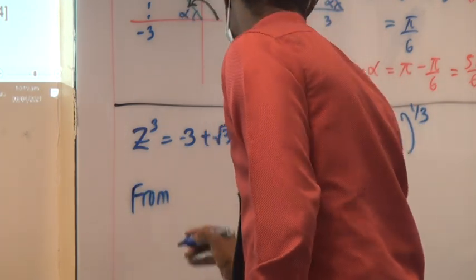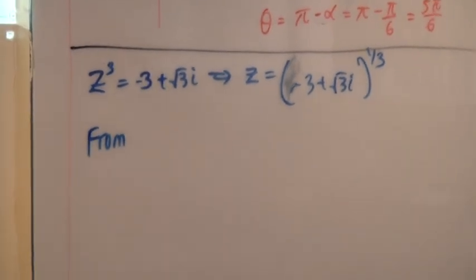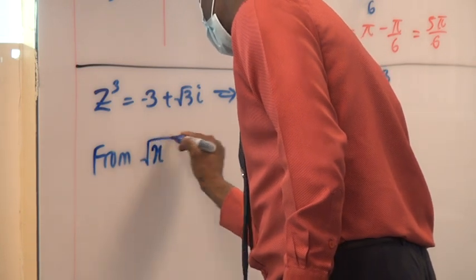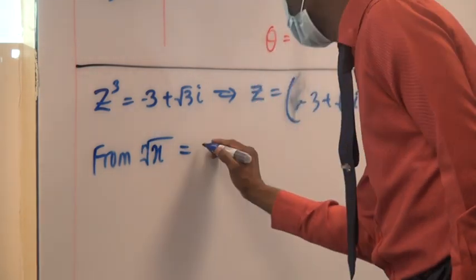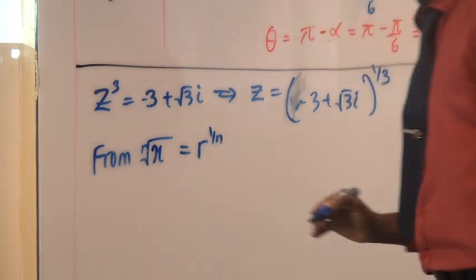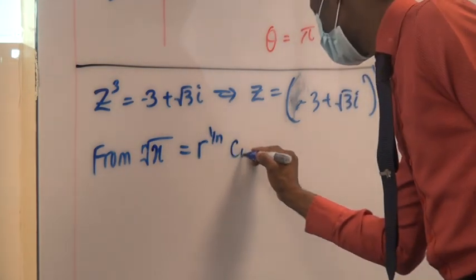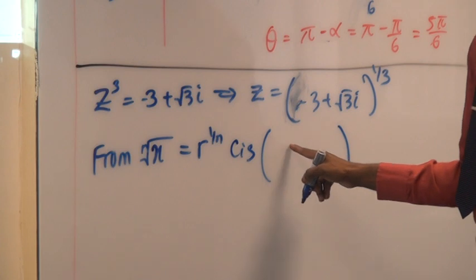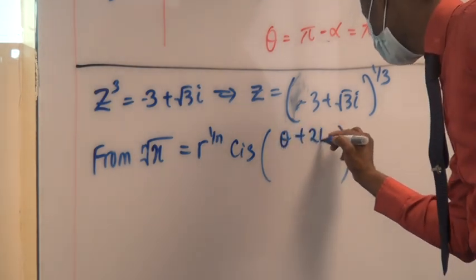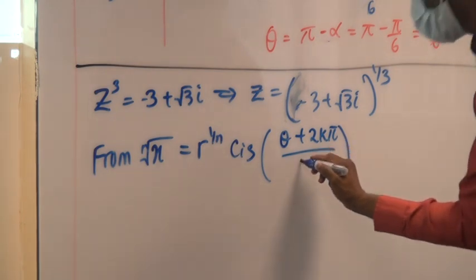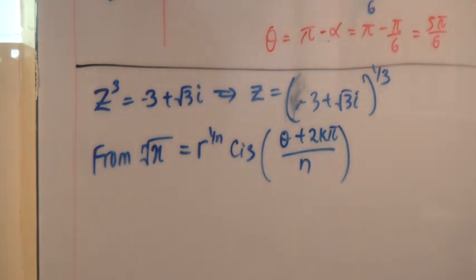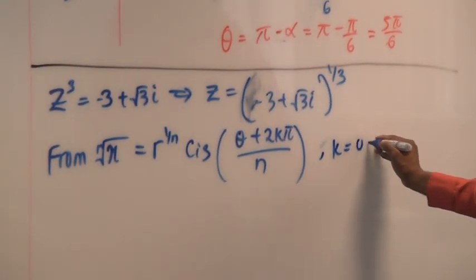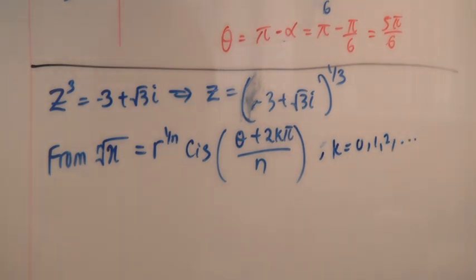From the nth root of that is equal to r raised to power 1 over n, remember this? Then cis, the argument plus what? 2k pi all over what? Over n. Where your k is from? 0.